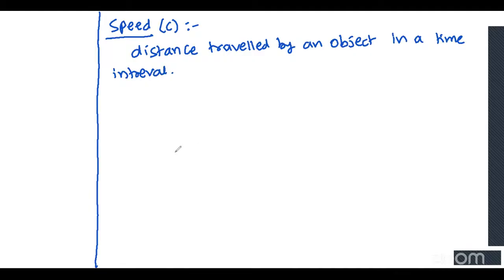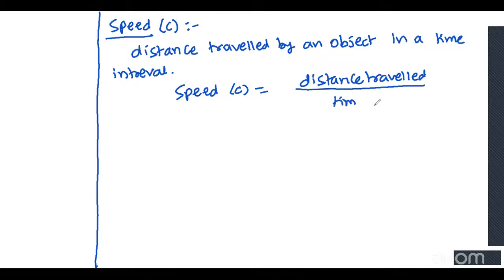Time interval means in a particular time t. So we'll write speed equal to distance traveled by time taken.